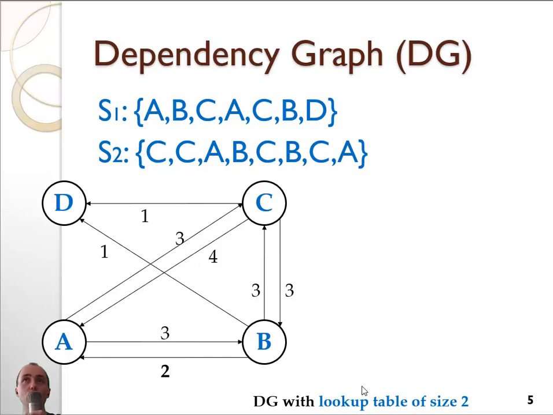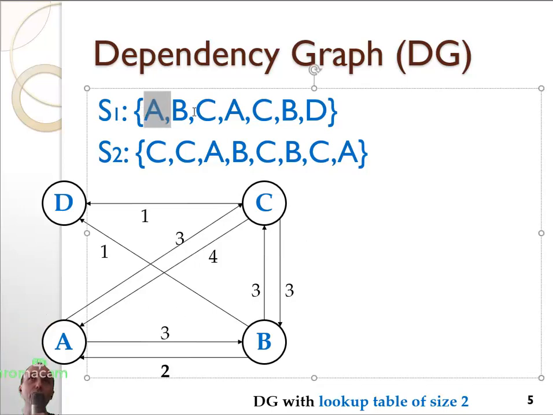So we use a lookup window, or lookup table, it's the same, of size 2. That means we look 2 symbols by 2 to build the graph you can see on the PPT. First we take the first 2 symbols, A and B.